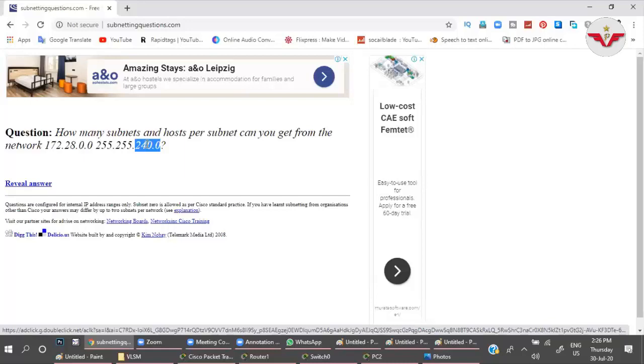So for the network, what would it be? 2 to the power 4. How many networks? 16 networks, right? And for hosts, I have 4 bits off in the third octet and 8 bits off in the fourth octet. So combining these 2 octets, we have 12 bits off, right?